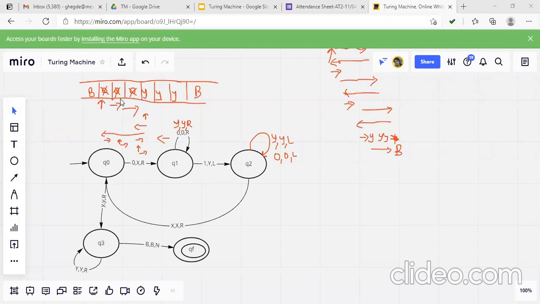Then again we came back, made this 0 an x, and its equivalent 1 a y. Again we came left, made this 0 an x, and its equivalent a y. And after we have no zeros, we saw that there are no ones here also. It is directly a blank. I hope I'm making you understand.